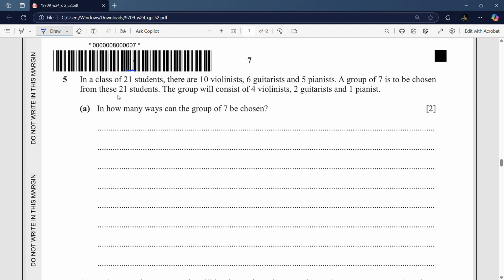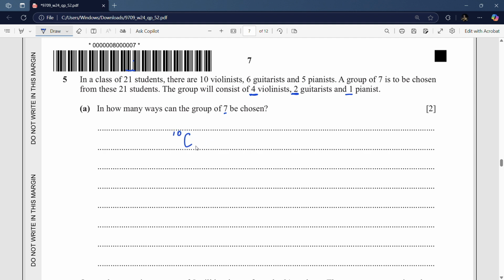In a class of 21 students, there are 10 violinists, 6 guitarists, and 5 pianists. A group of 7 is to be chosen from those 21 students. The group will consist of 4 violinists, 2 guitarists, and 1 pianist. So how many ways are there of 7 to be chosen? Okay, so we use combination here, and we know that we have a total of 10 violinists.